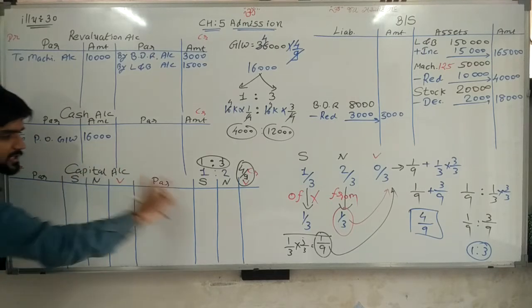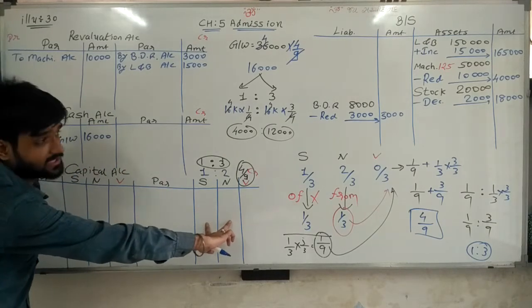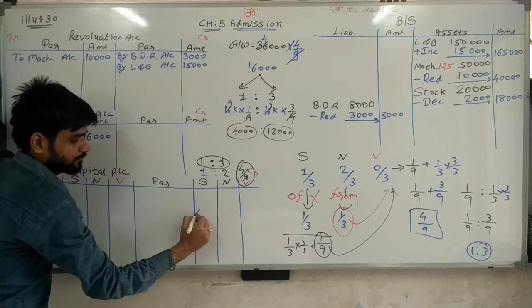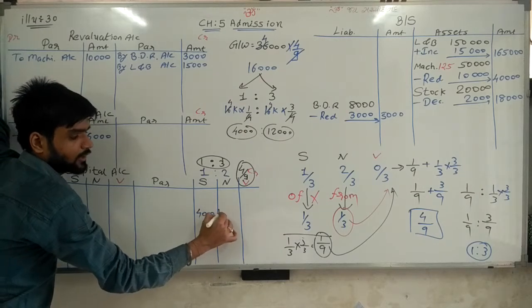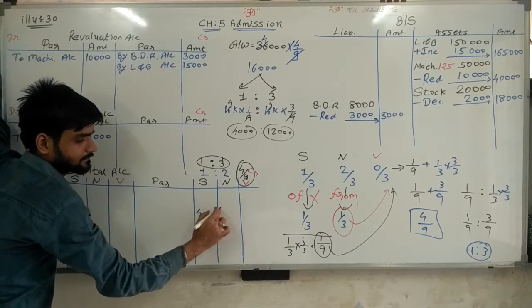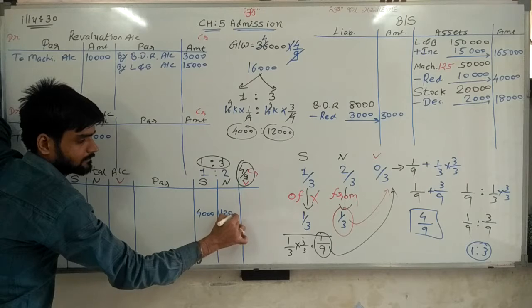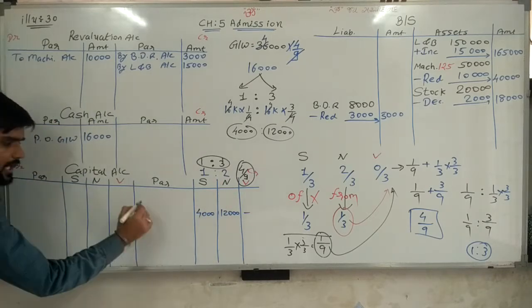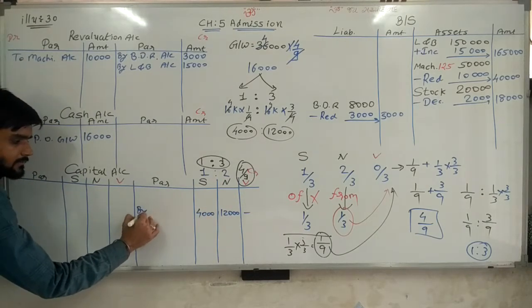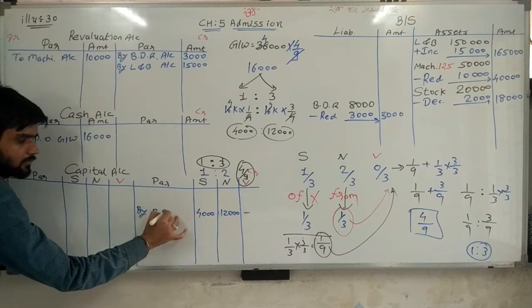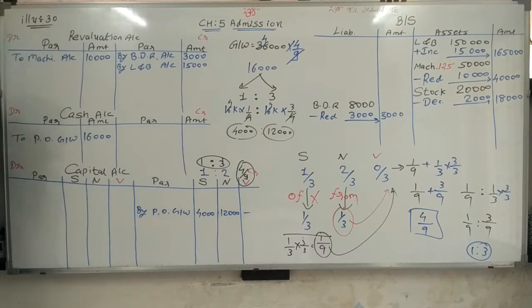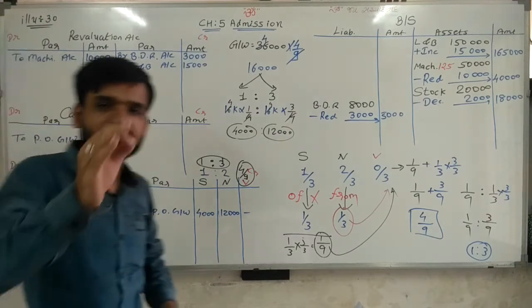This 16,000 is distributed in the sacrifice ratio, 4,000 and 12,000. That's it. Simple. Now only one thing is remaining.